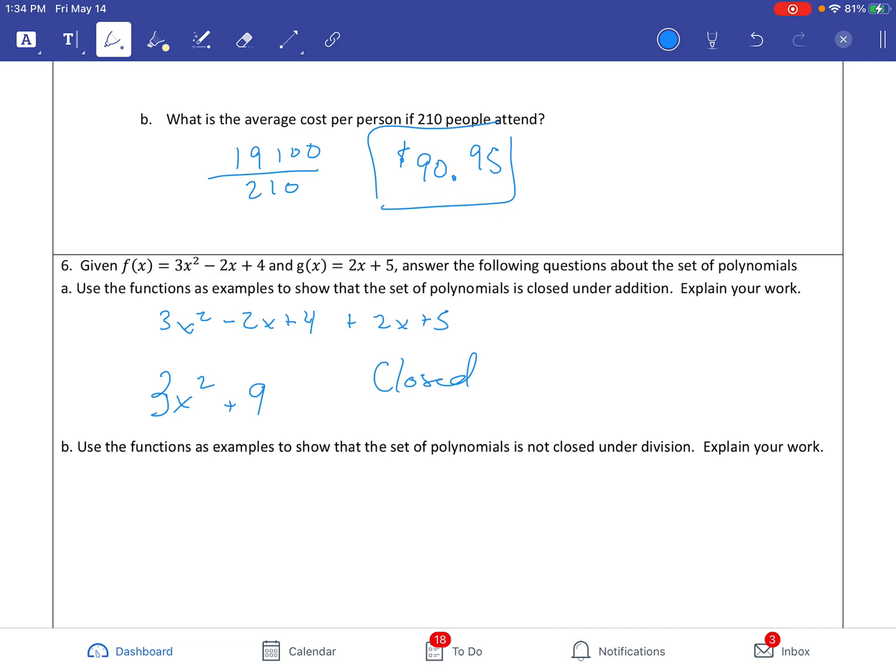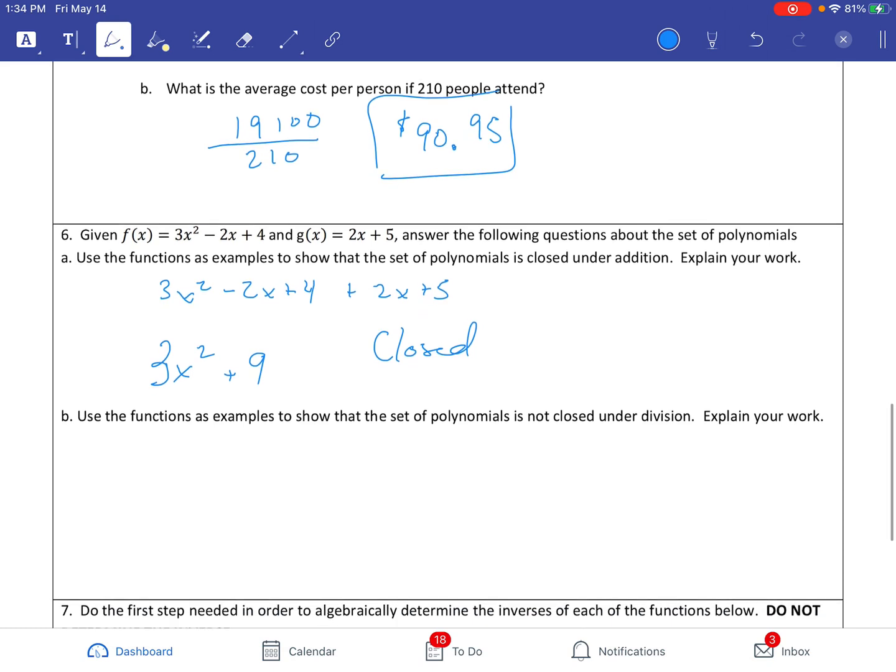All right, use the functions as examples to show that the set of polynomials is not closed under division. So to do that, we're going to write out reduced synthetic division. We have 3, minus 2, and positive 4. For the divisor, we're going to take the 2x plus 5, solve it for 0, and get x equals negative 5 over 2.